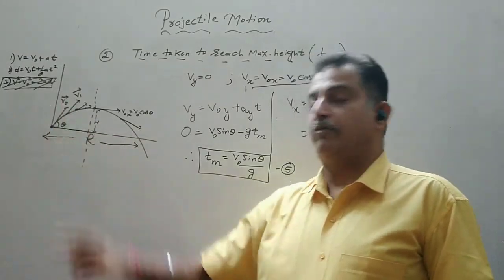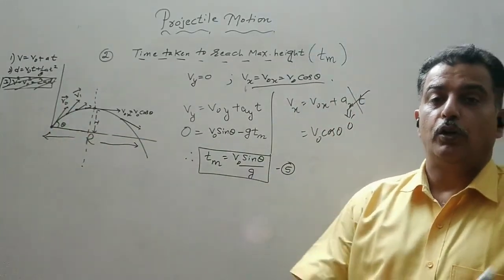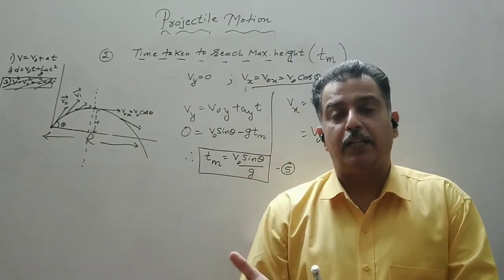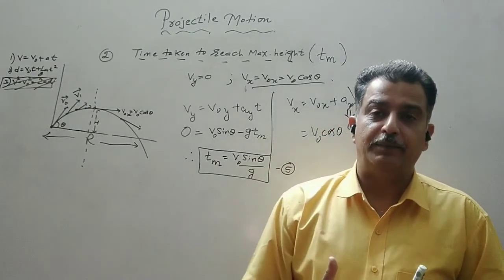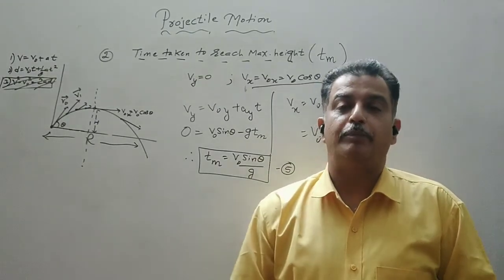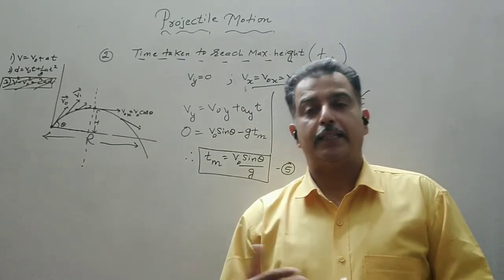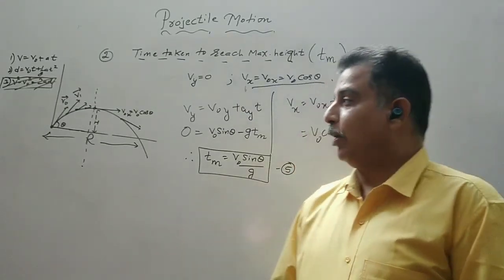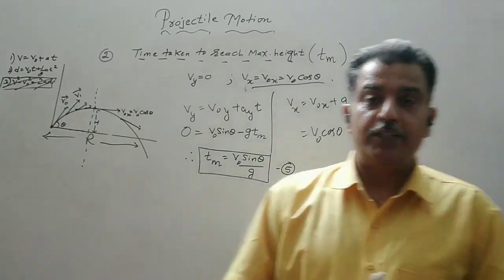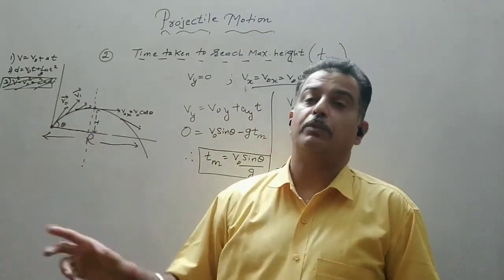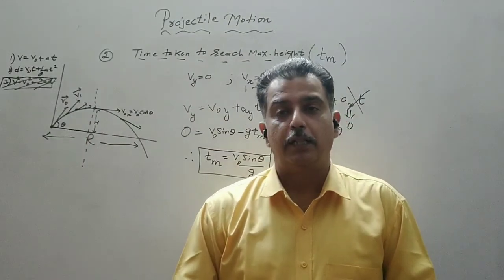Initially it was projected from the origin. Now the time for which a projectile remains in air, or in which it returns back to earth, is called the time of flight. So in the next lecture we will derive the time of flight, the range and the maximum height achieved by a projectile.